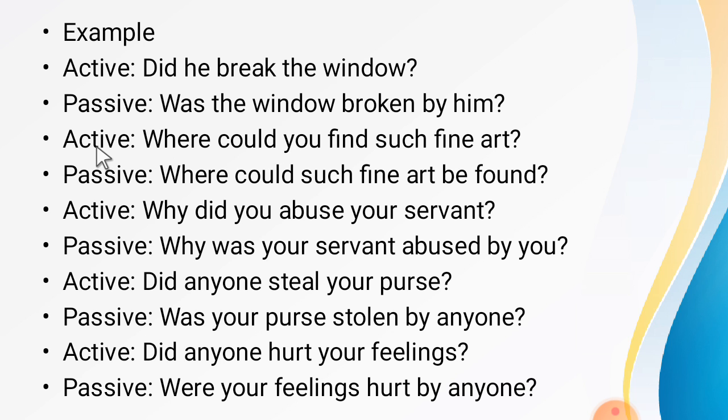Here in this example you can see first we have a modal verb could and where. So we just put where at the beginning and then the modal verb, which shows the question sentence. Where could such fine arts be found? It is not necessary to mention you, because it is already understood that you are talking to someone else.